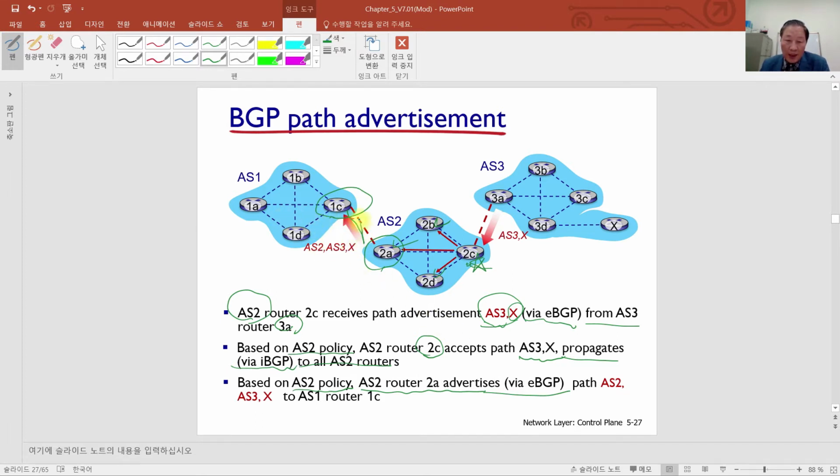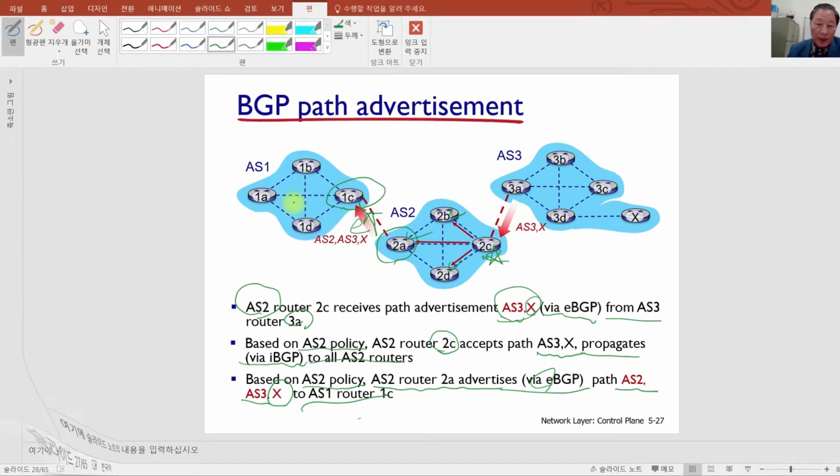In this case, the protocol used to send is eBGP. The path AS2 through AS3 means X can be reached. This is called reachability information, and it will be given to 1C in autonomous system 1.